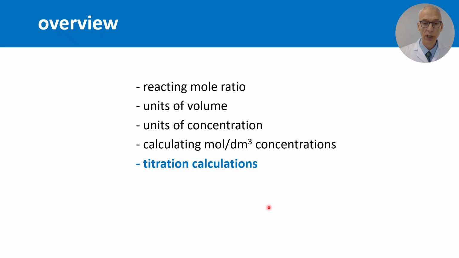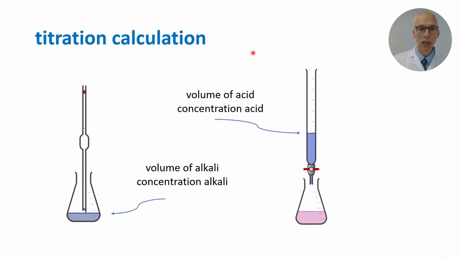So now we're in a position to take on titration calculations. In titration, there are 4 values that you have to manipulate: the volume of alkali and the concentration of alkali, often found in the conical flask, and then the volume of acid delivered from the burette and the concentration of that acid.